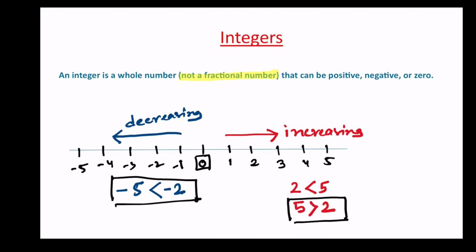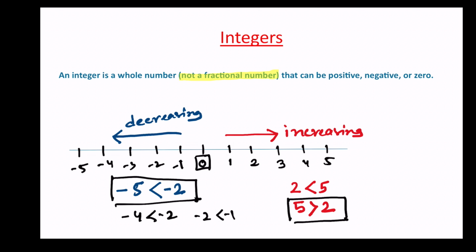When it comes to negative numbers, the number closer to 0 will be bigger than the numbers far from 0. For example, -4 is less than -2 and -2 is less than -1 because -1 is closer to 0 compared to -2.